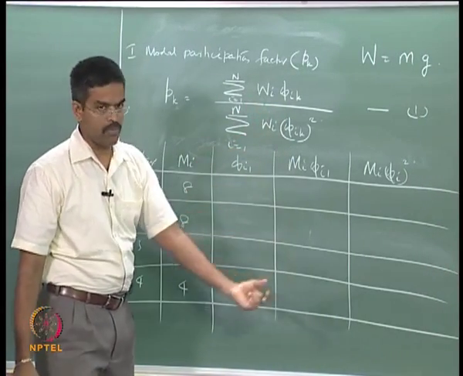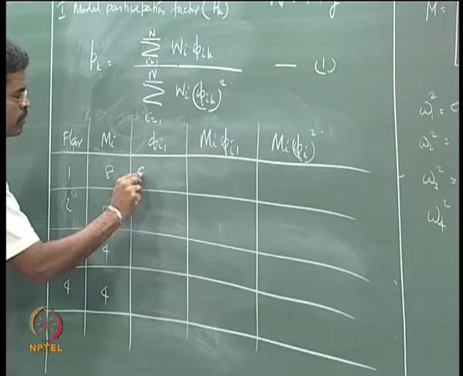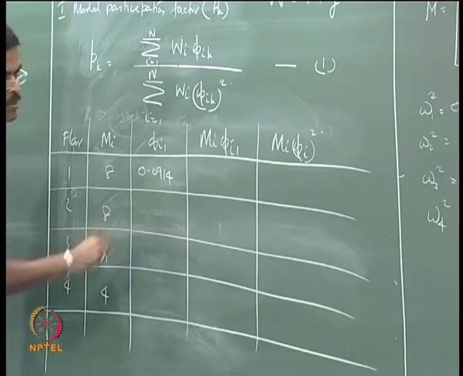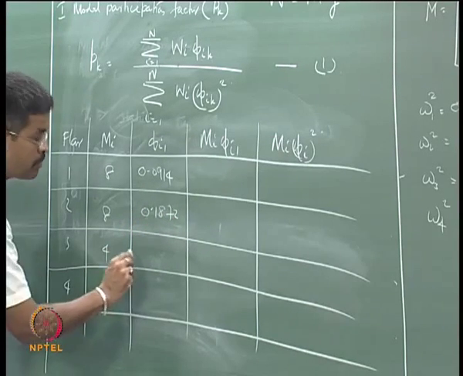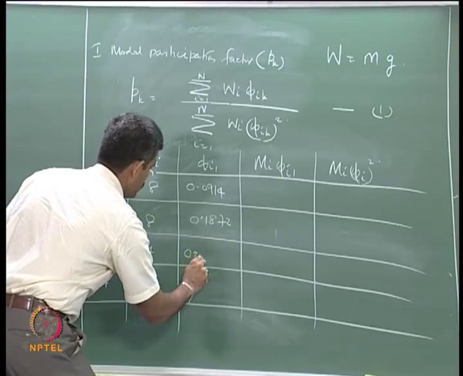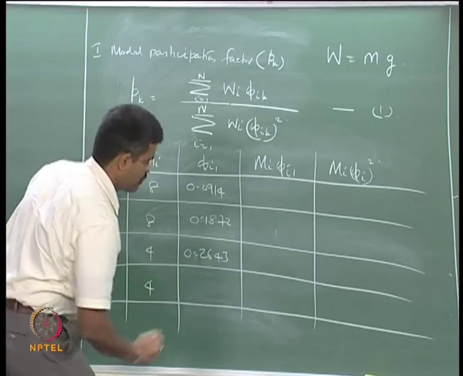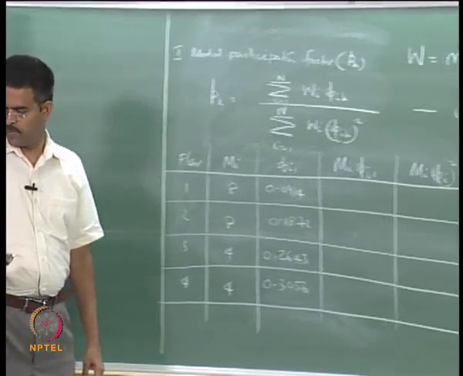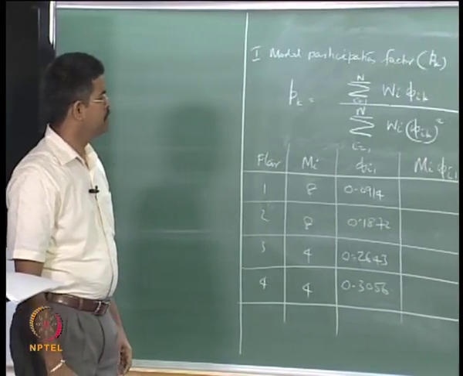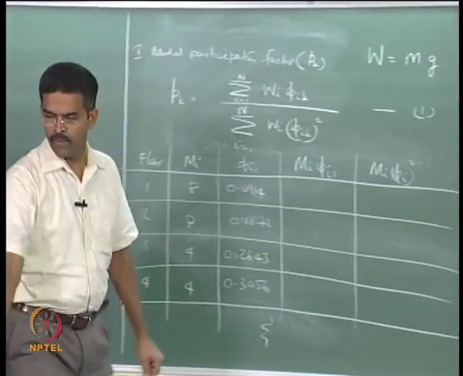So the first column I have to copy here: 0.0914, 1872, 2643 and 3056. So, can you fill up these two columns quickly and get me the sum of this?